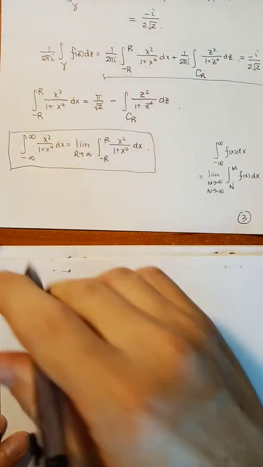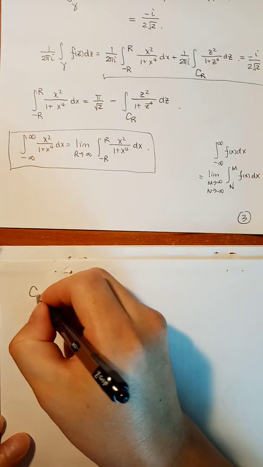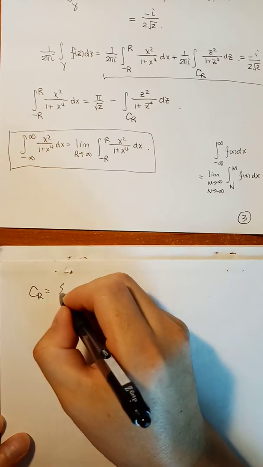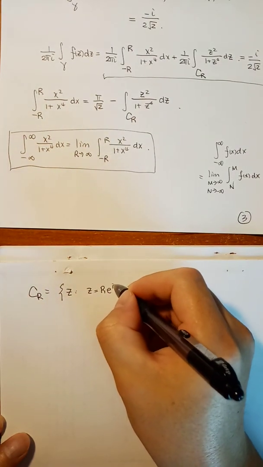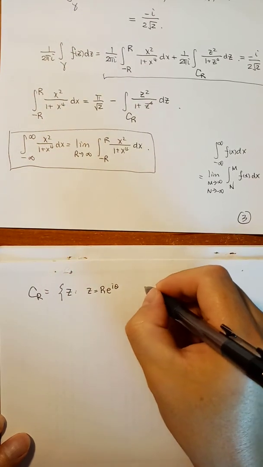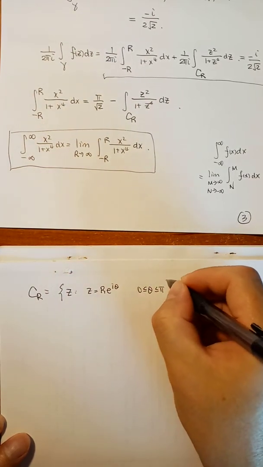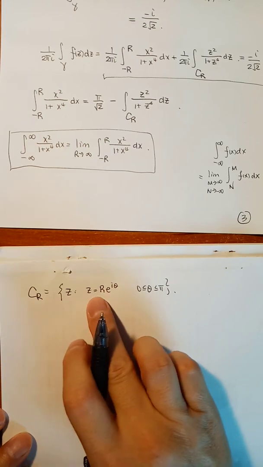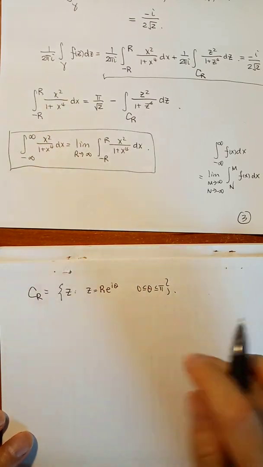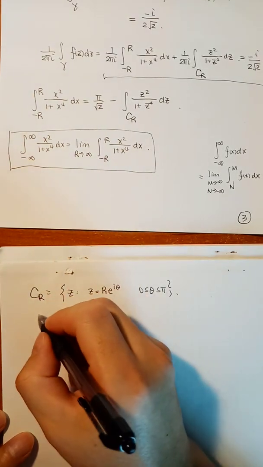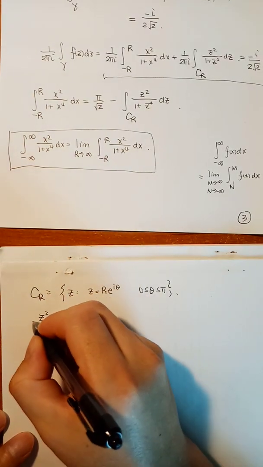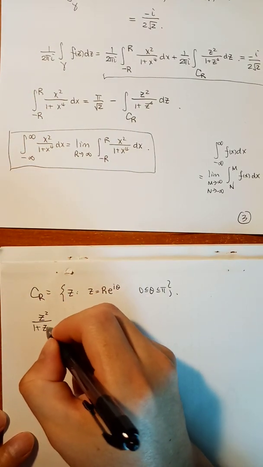This is a circle. On C_R, z is equal to R e^{i theta}, theta between 0 and pi, the upper semicircle. So let's check z squared over 1 plus z to the 4.